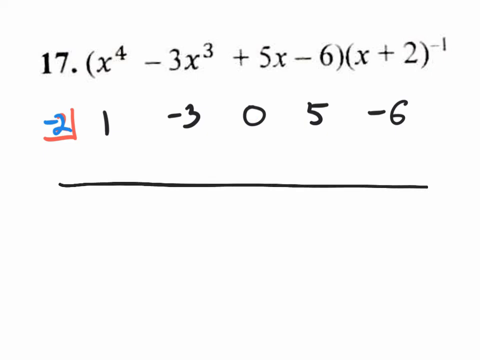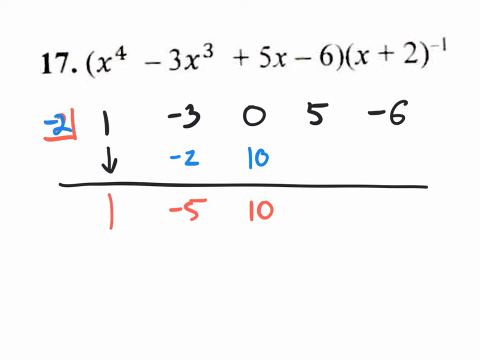Now let's do this crazy hard problem. Look how quick it is with synthetic division. The 1 plus 0 is 1. The negative 2 times 1 is negative 2. The negative 3 minus 2 is negative 5. The negative 2 times negative 5 is positive 10. The 0 plus 10 is 10.